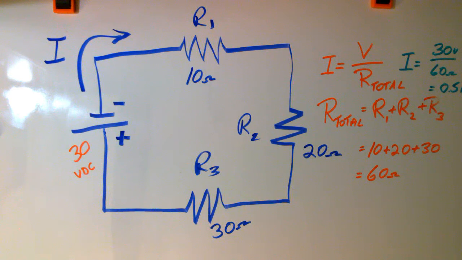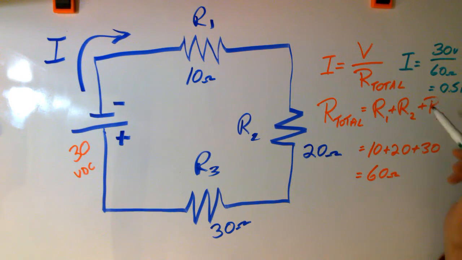So that is our introduction to series resistance, a series circuit. We had a battery of 30 volts, resistances of 10 ohms, 20 ohms, 30 ohms. Total resistance, because it is a series circuit, okay, total resistance equal to 60 ohms.